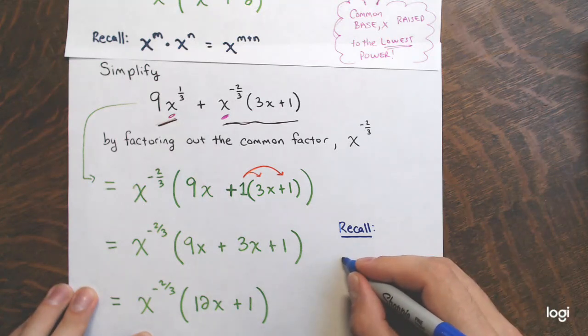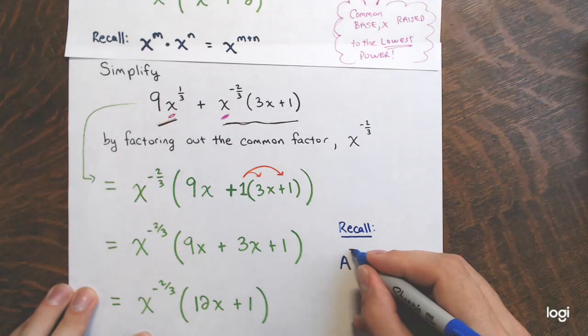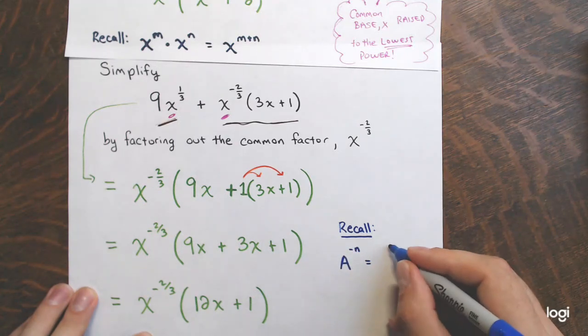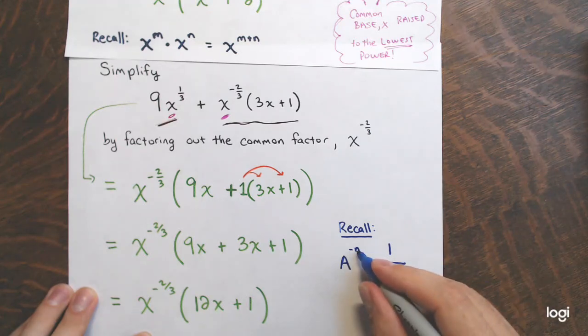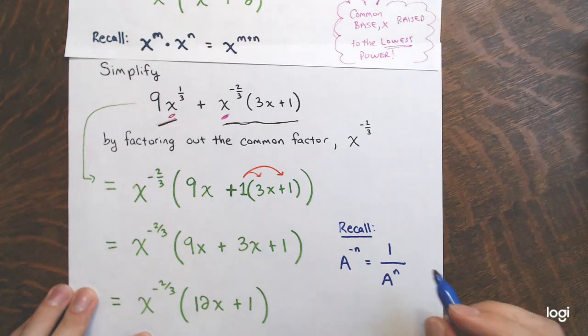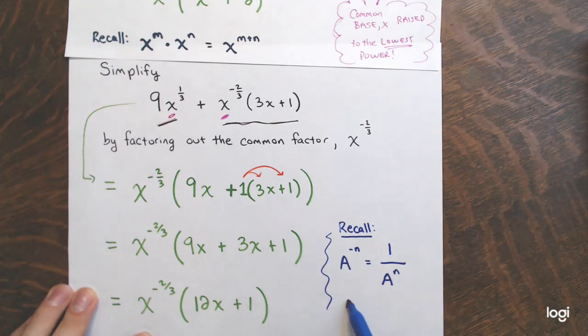Remember, any non-zero number to a negative power is just the reciprocal of that same non-zero number to the opposite of that, to the positive power. And again, I'll say that a can't be 0 here.